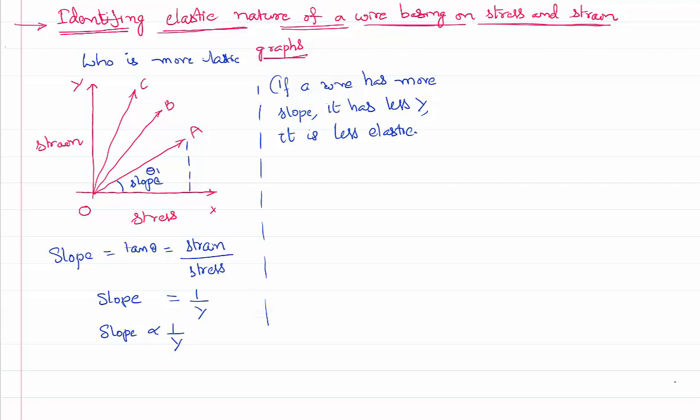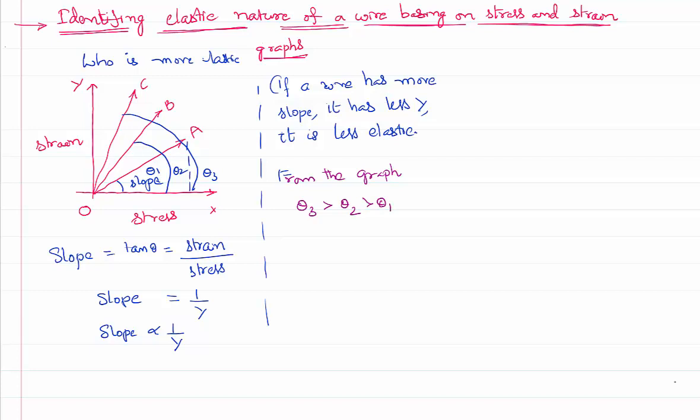If I call this slope as theta 1, this slope as theta 2 and this slope as theta 3, it's very clear from the graph that theta 3 is greater than theta 2. Theta 2 is greater than that of theta 1.